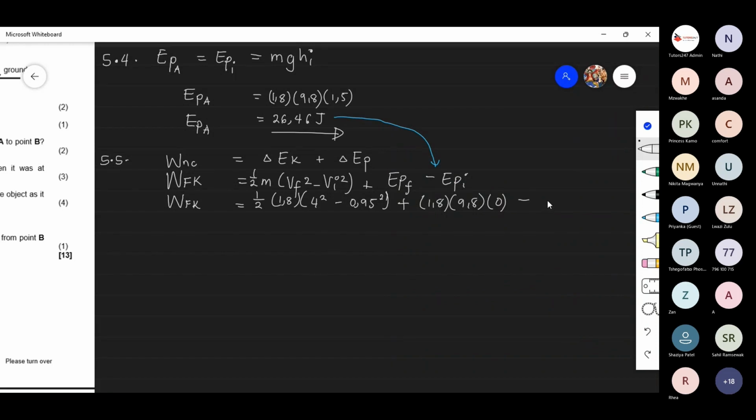And that is minus 26.46 joules, which we calculated in question 5.4. Now, all we need to do from this point is put the entire right-hand side into our calculator. And that then gives us negative 12.87. So the work done by kinetic friction is negative 12.87 joules.